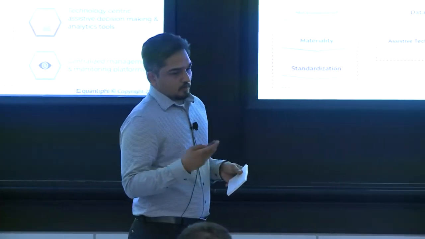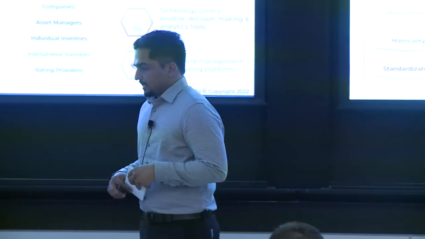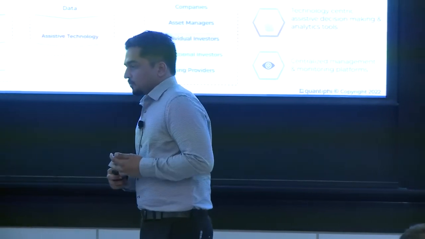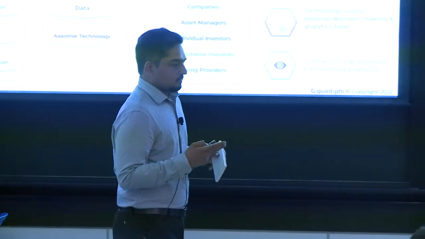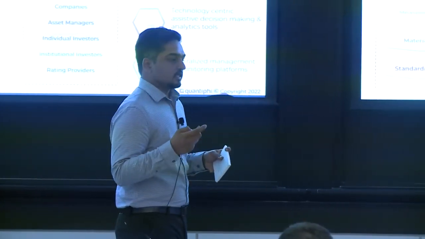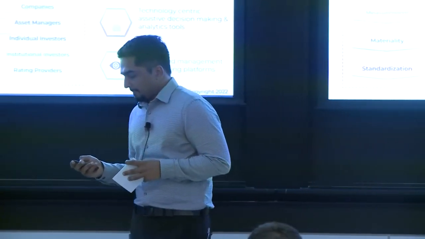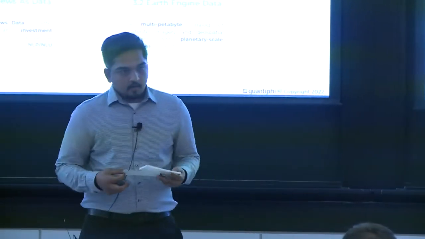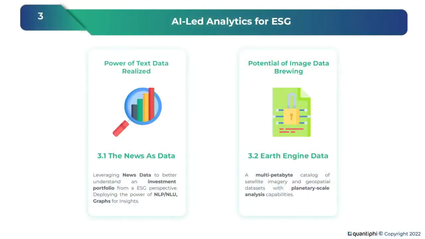From this ecosystem, being in the applied solutions space and from what we have delivered for our customers, I'm going to talk about two broad areas where we have seen the impact, and there's a huge potential in the second area that we can explore further. The first aspect is the power of text data, specifically the news articles and publications as a source of data.